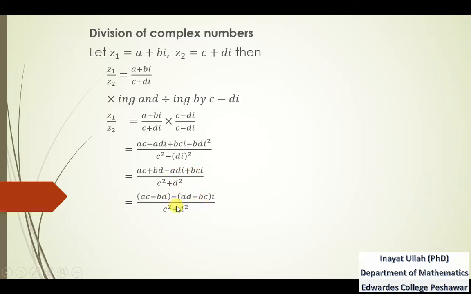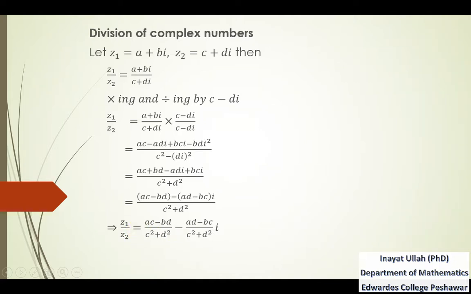Now we will split this fraction into real and imaginary parts. This is real part divided by c square plus d square minus imaginary part divided by c square plus d square. So that is the quotient of two complex numbers.